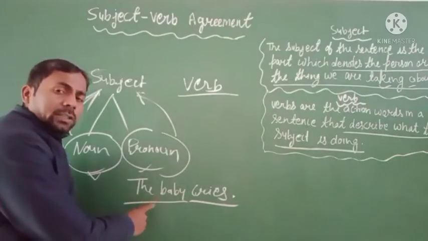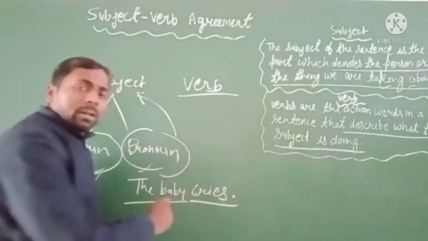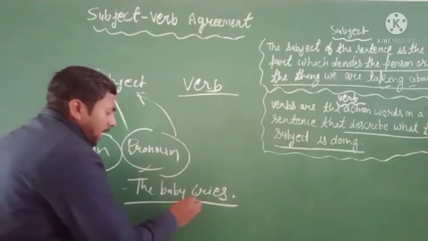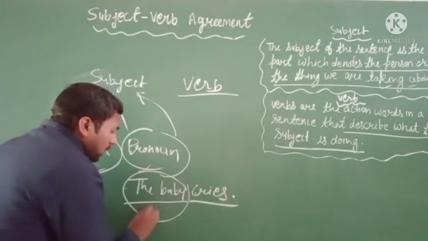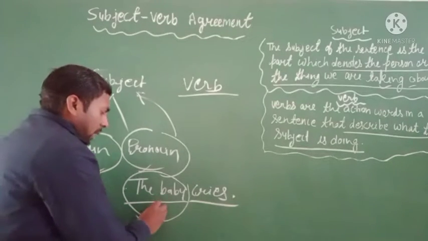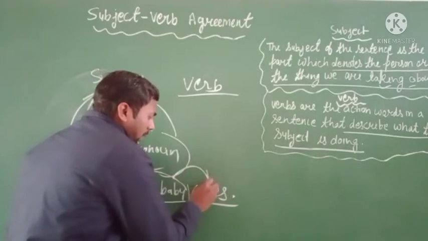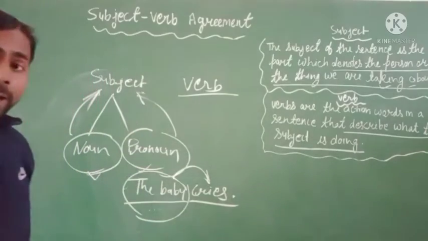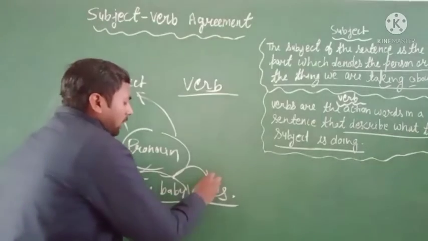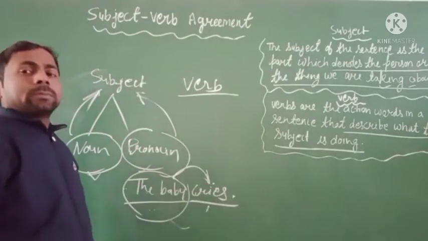This part is the subject and this part is the verb. And in this sentence you can see the subject is doing something. What is he or she doing? She is crying. So cries is an action word done by the verb.